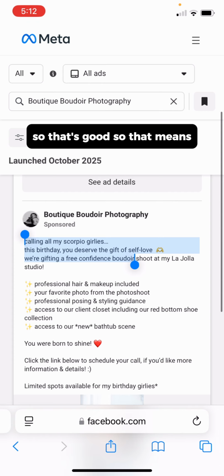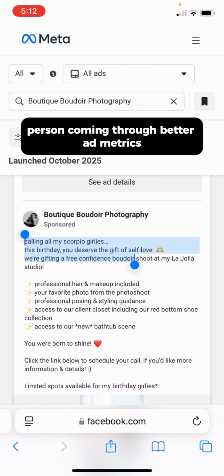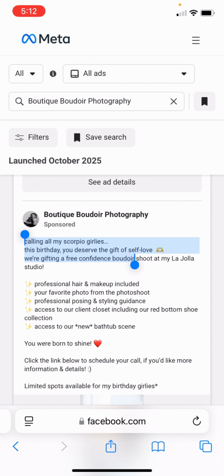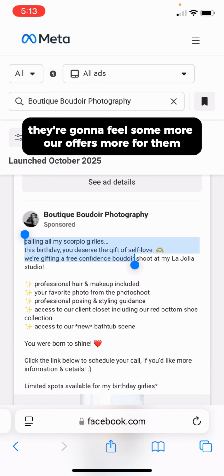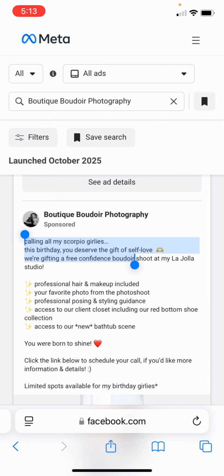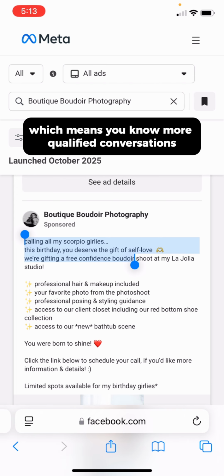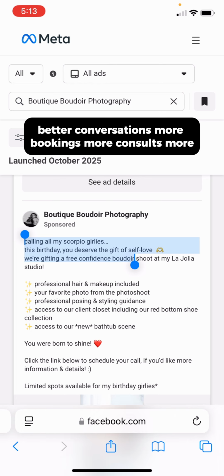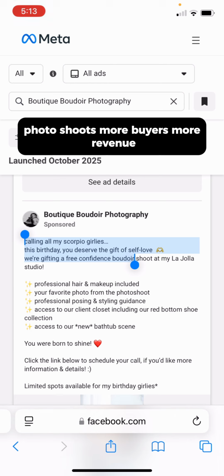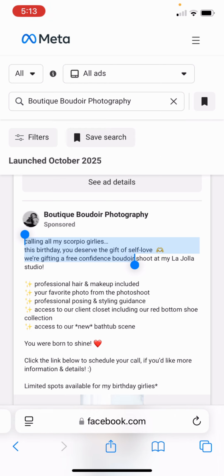So that's good. It means we're going to have a more specific person coming through, better ad metrics. They're going to feel our offer is more for them, which means more qualified conversations, better conversations, more bookings, more consults, more photo shoots, more buyers, more revenue.